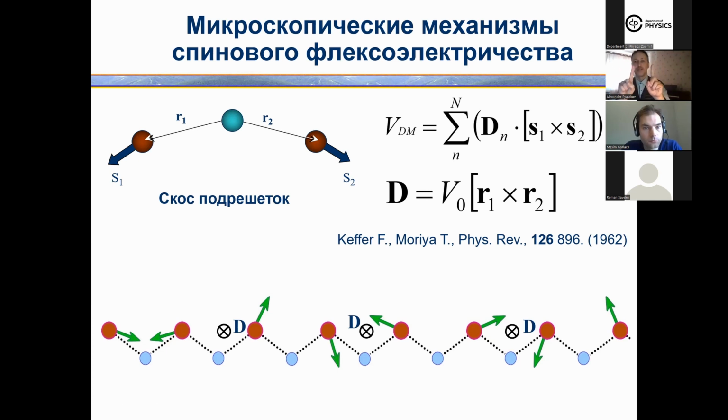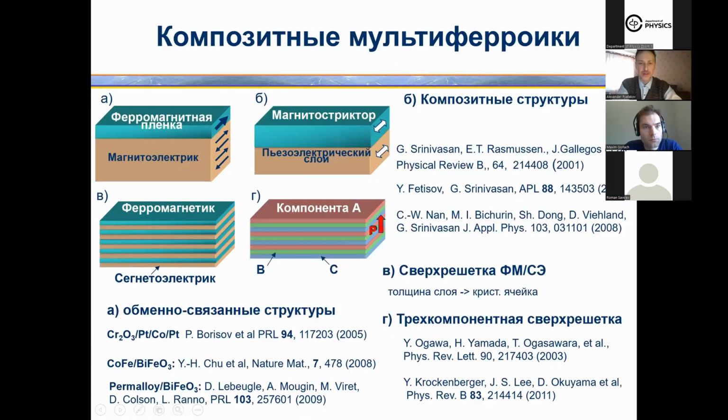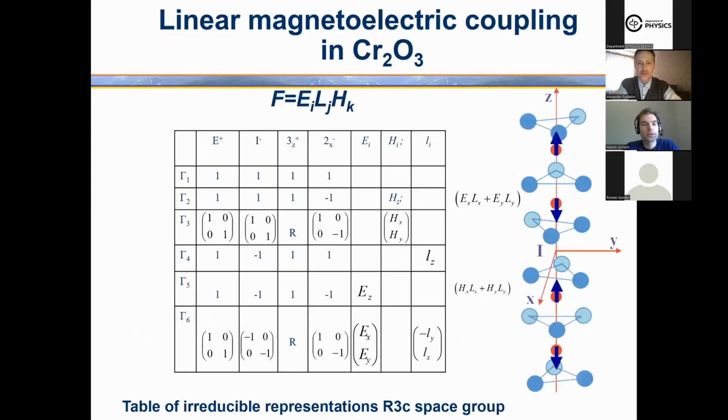So you can find from this ab initio method how the magnetic vector reacts on the shifting of the ions due to the electric polarization. It's a microscopic approach. So it's general ab initio methods like DFT, and then people calculate the equilibrium positions of the ions, and from that they deduce this magnetoelectric response. Yeah, it's an ab initio method.